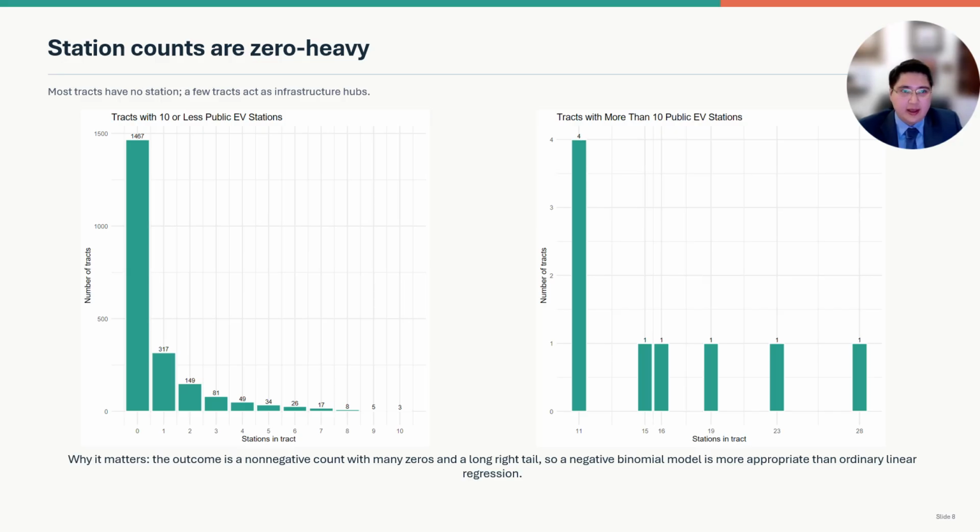The high-count tracts, on the other hand, likely represent infrastructure for commercial areas, workplace locations, parking facilities, highways, and destination charging sites. This pattern also matters statistically, since the outcome is a count variable with many zeros and a long right tail. Ordinary linear regression will not be ideal. This is why I use negative binomial regression later in this analysis.